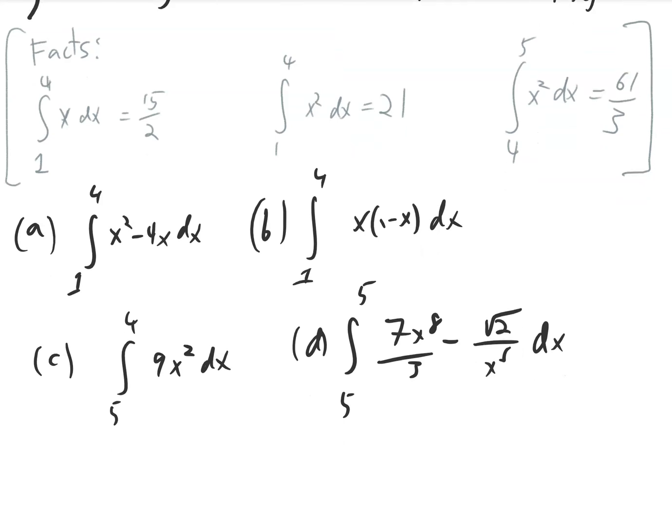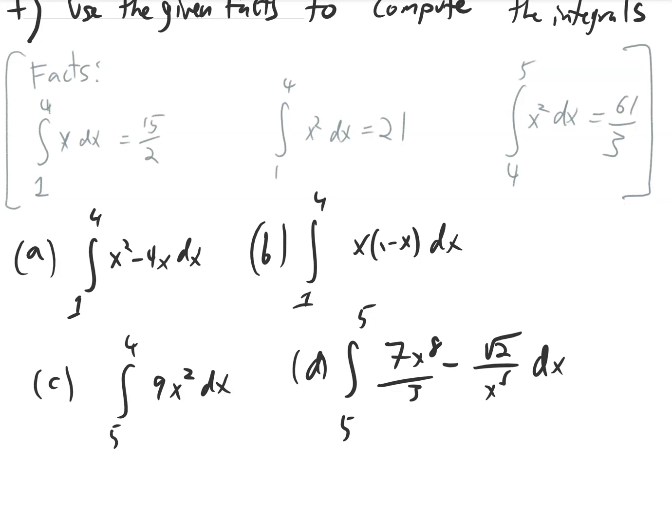Let's take a look. All right, so for a, this integral splits up into the integral from 1 to 4 of x squared dx minus 4 times the integral from 1 to 4 of x dx.